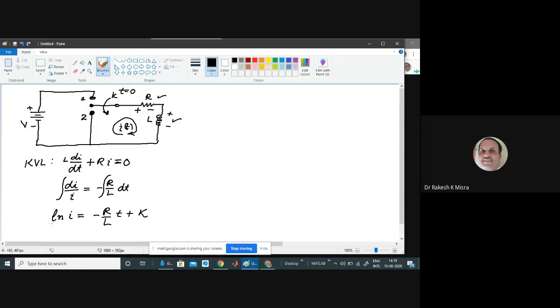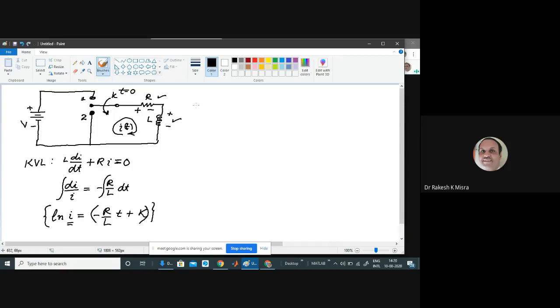Now, from this equation, if we simplify it further, then this expression for i can be written as e to the power of this whole expression.